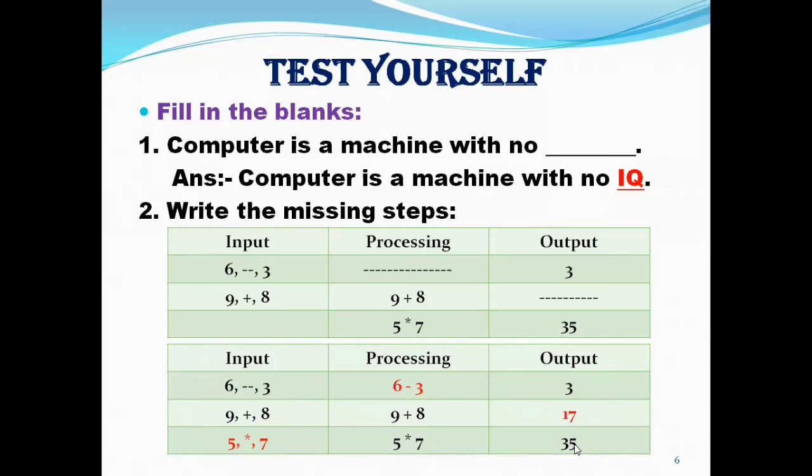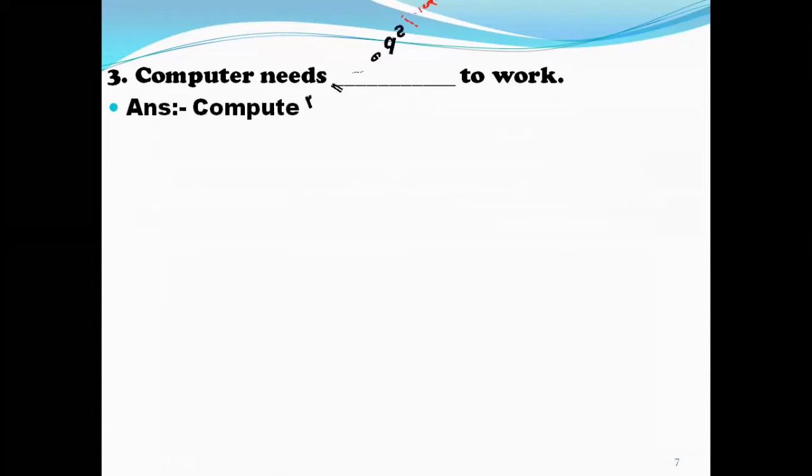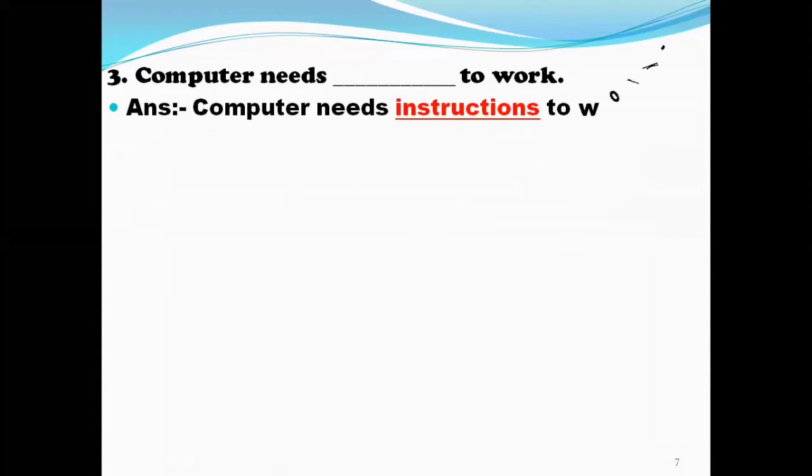So this is another question I give. There are some more questions. Computer needs what to work? This one you, very fast I get, okay. So instruction. So number 4 you do yourself. Scanner is a dash device.